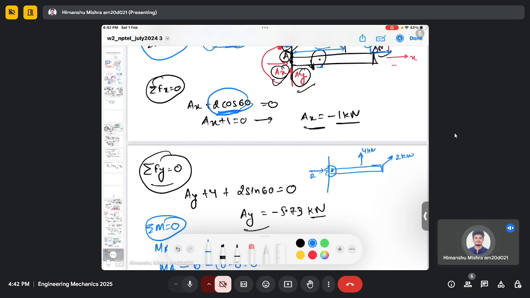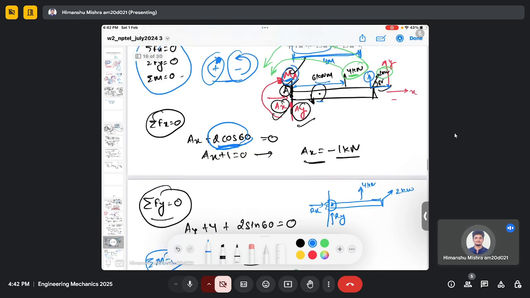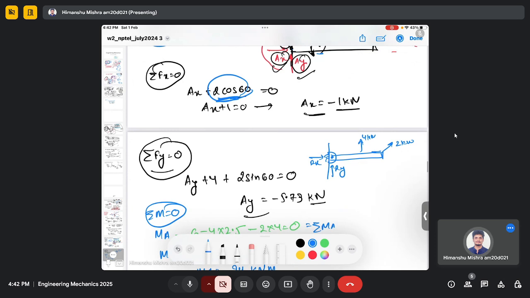There will be reaction forces Rx and Ry, but there will be no moment because this pin joint allows the beam to rotate in any direction, clockwise or anti-clockwise. So this beam can rotate due to the pin joint, and its rotational motion is not constrained. Therefore, you don't have this reaction moment at point A.